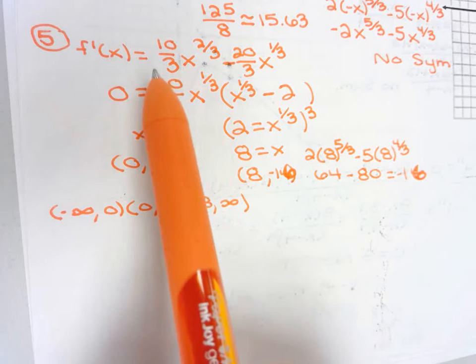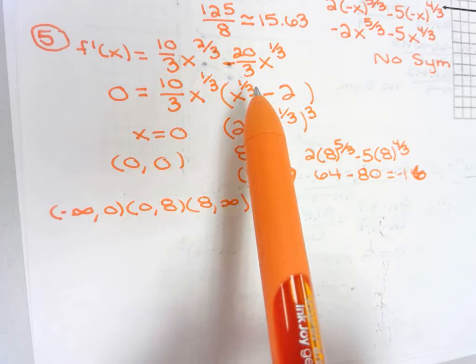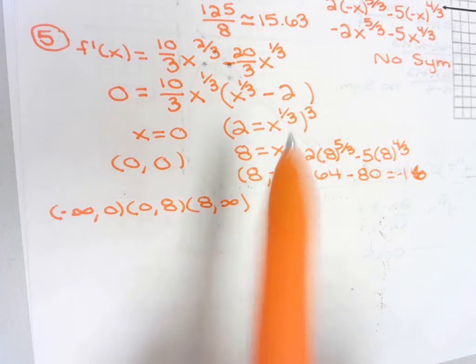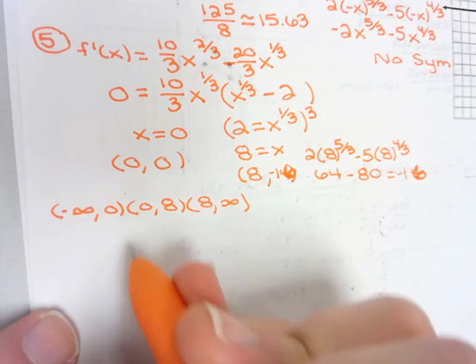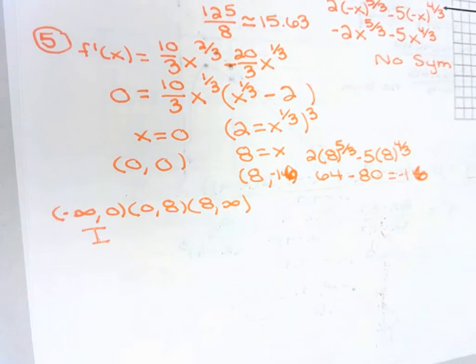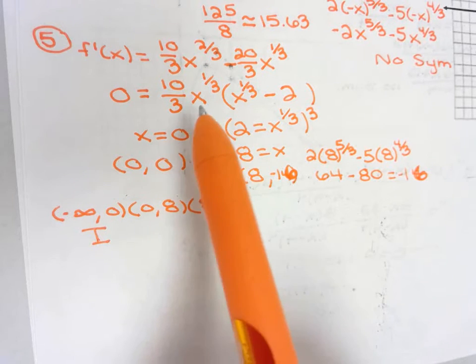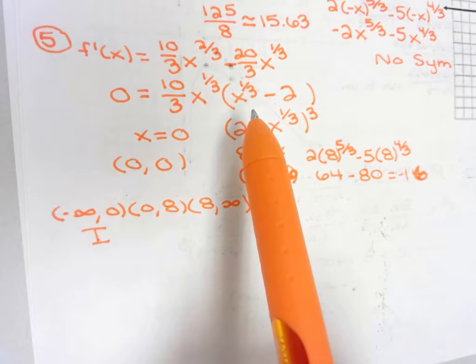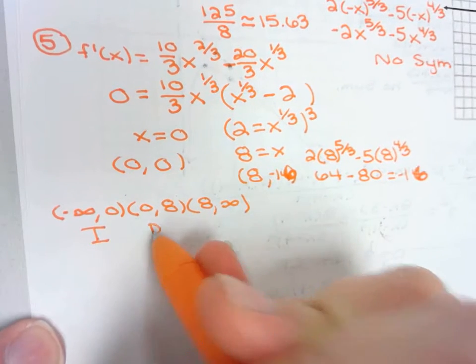So I'm going to have a negative times a negative, so negative times negative is positive, so this is going to be increasing. If I plug in a positive 1, positive times, if I plug in 1, negative, so it's going to be decreasing.